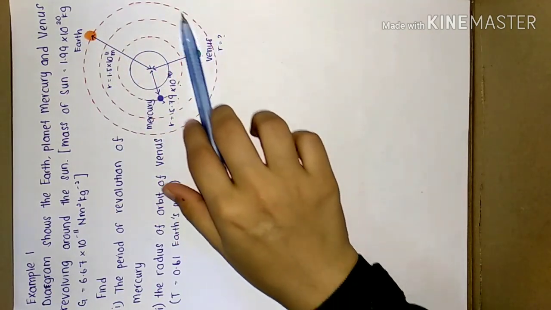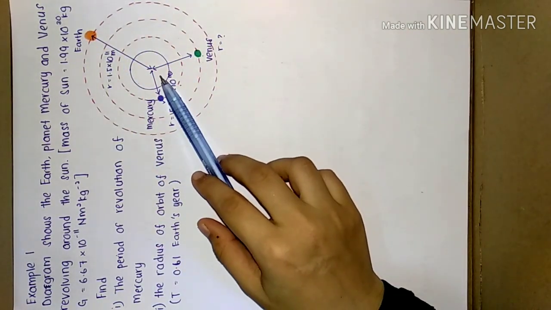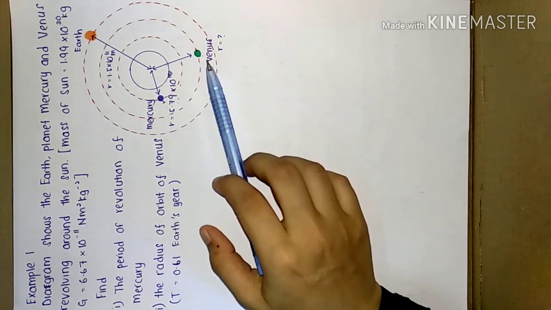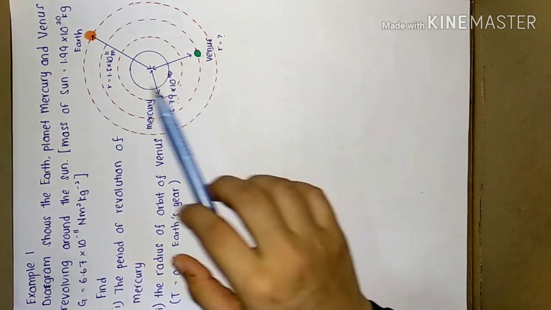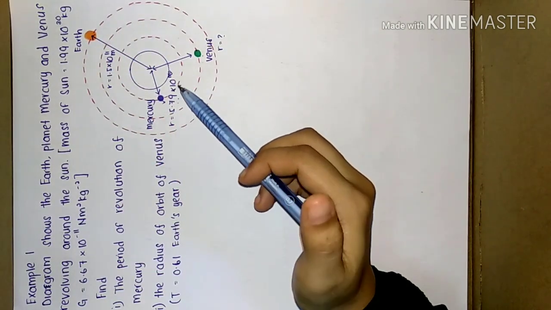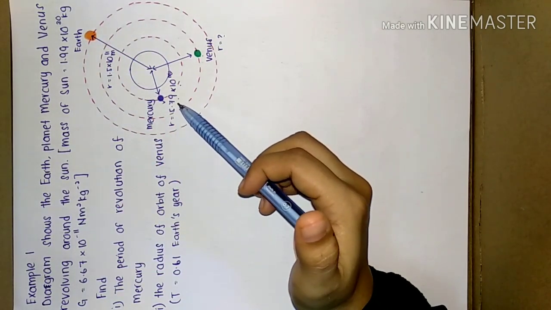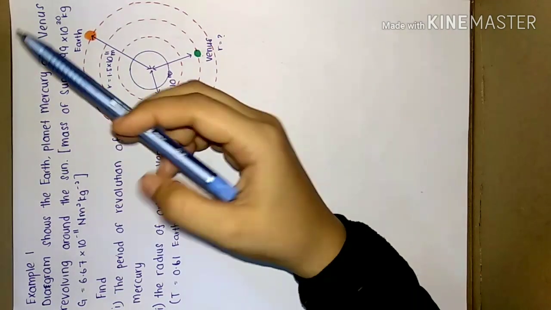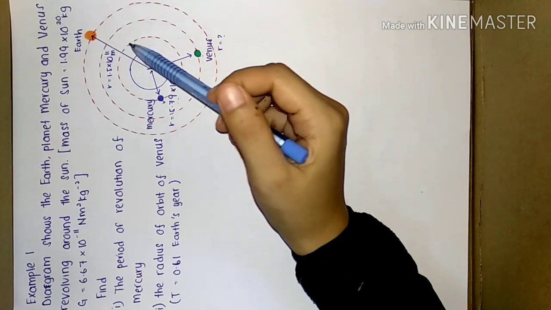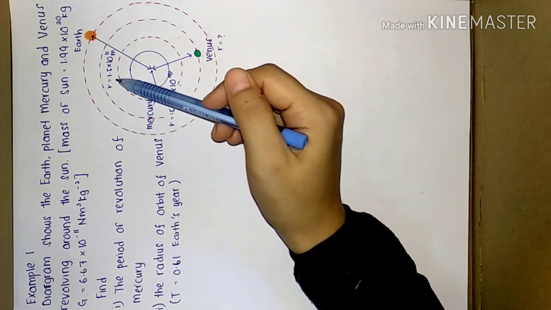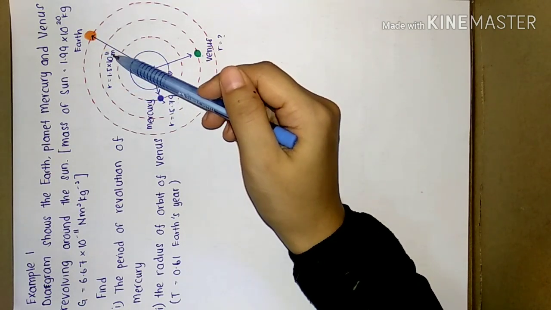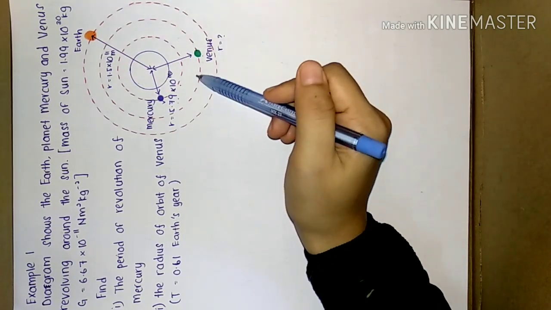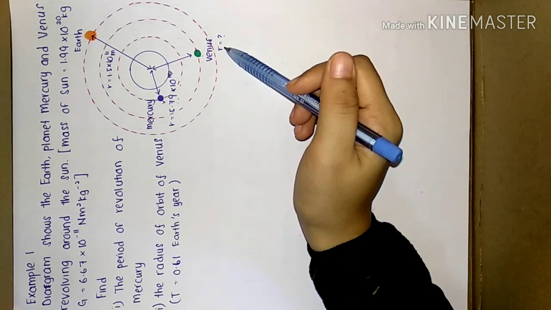In the diagram, the first orbit around the Sun is Mercury, the second orbit is Venus, and the third orbit is the Earth. The radius for Mercury is 5.79 times 10 to the power of 10, and the radius for the Earth, in the third orbit, is 1.5 times 10 to the power of 11. But for Venus, the second orbit, the radius is not given.